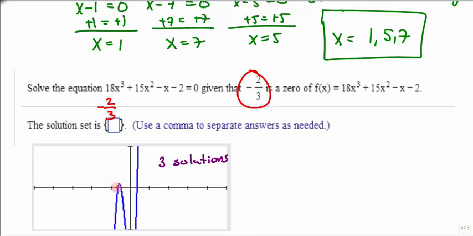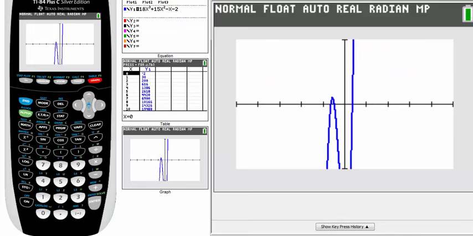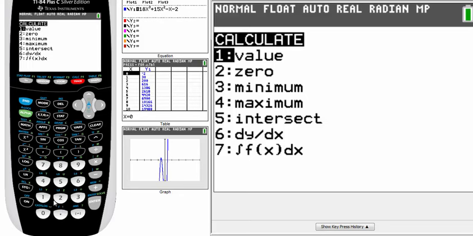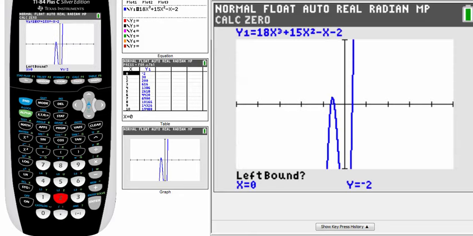Now I kind of think this is the -2/3. I could be wrong, kind of depends on my scale, but then I'll have some other negative number, and then I'll have this positive value. And you can actually go into your calculator and find those points of intersection. I think on your calculator you would go to second calc and you would go to 0 because you want to find out where it crosses the x-axis at 0, and you'd say left bound.